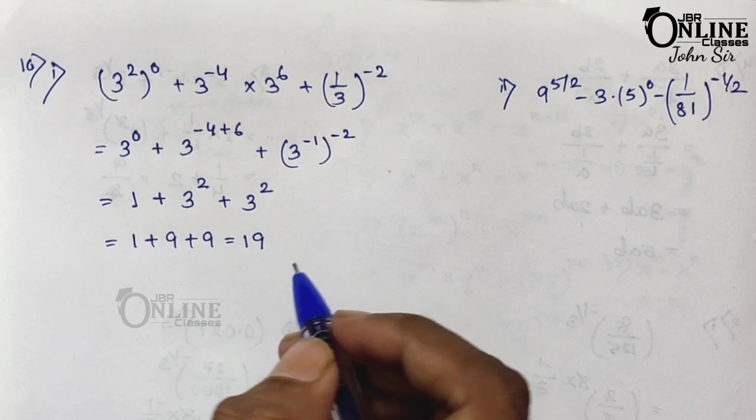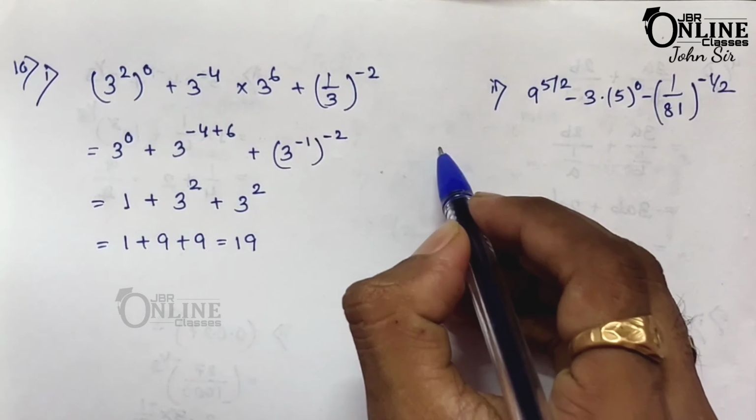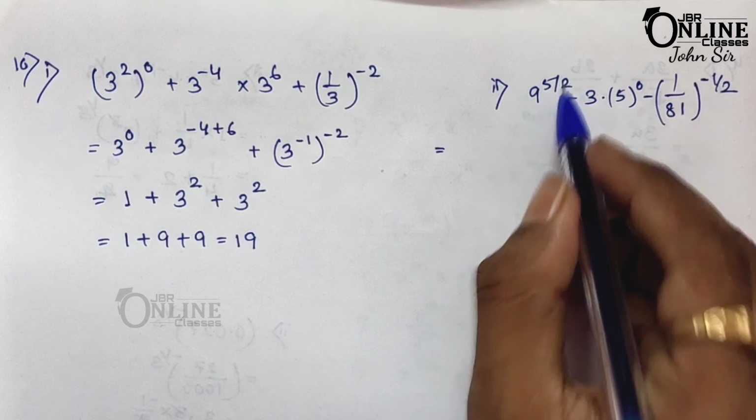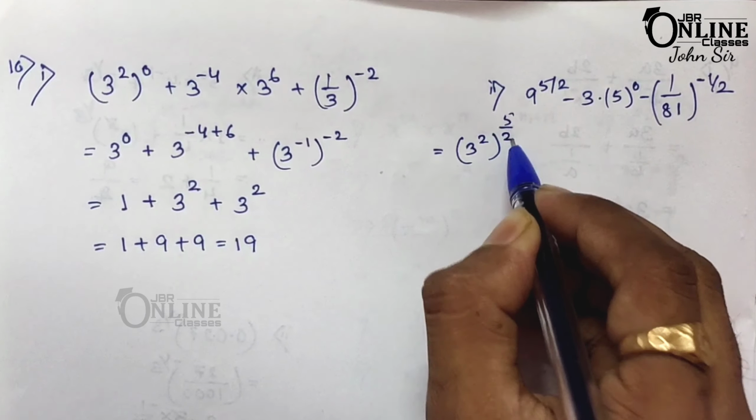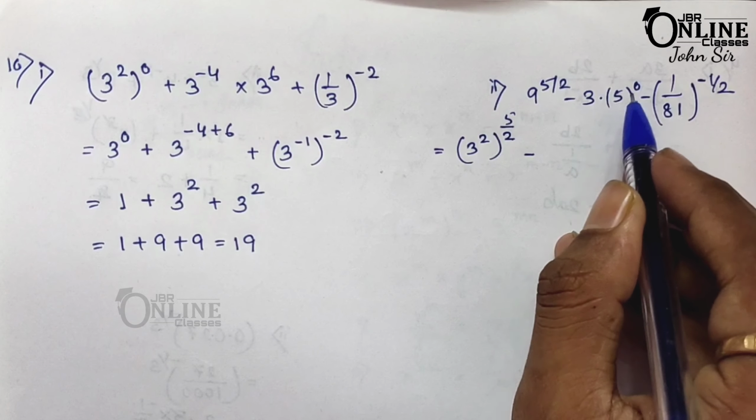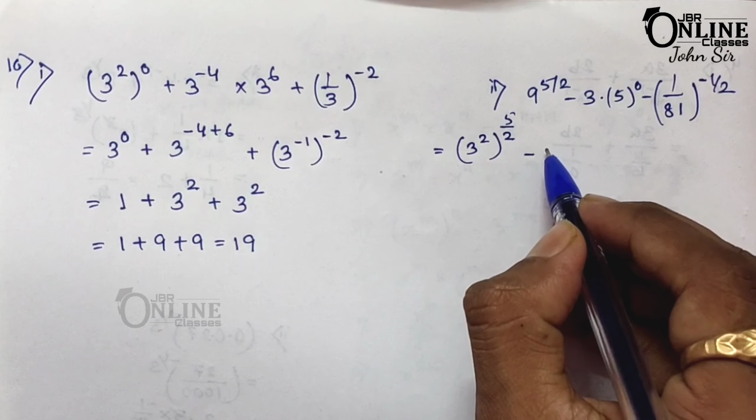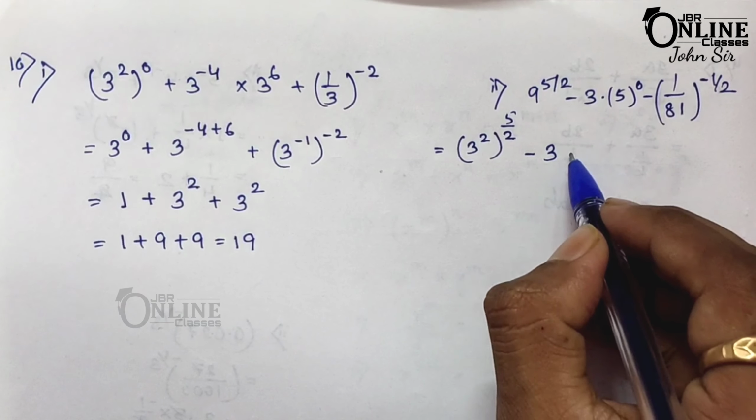Now next one. Sum number 10 (2). Here 9 to the power 5 by 2. 9 means 3 square. So 3 to the power 2 and here 5 by 2. Minus 3 into 5 to the power 0. 5 to the power 0 means 1. That means 3 into 1. So it's minus 3.